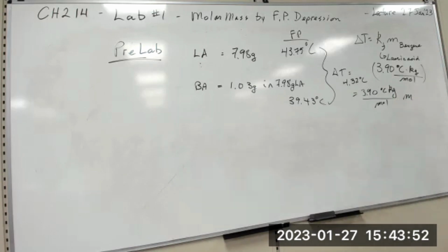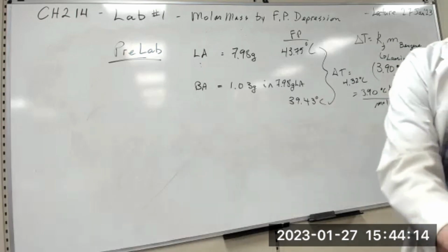So molality is going to be this one divided by that one, correct? Right, this goes in here, that goes in there, we're left with this one. So to solve that equation, we say this one is equal to temperature divided by the K value. Right, so let's do that.